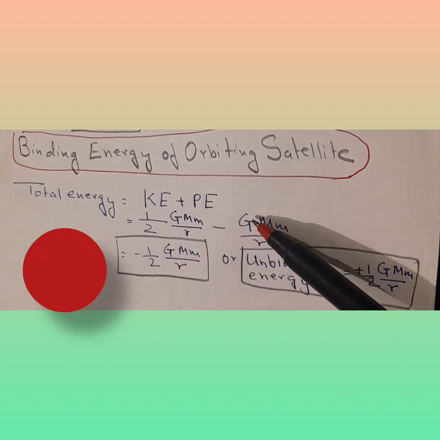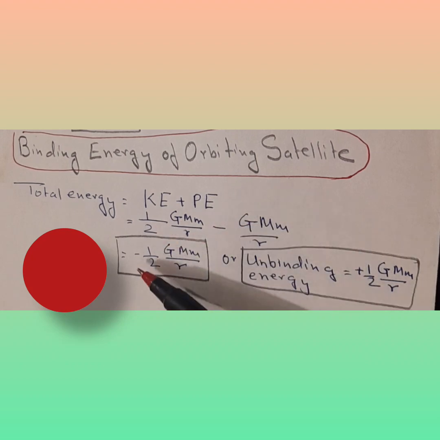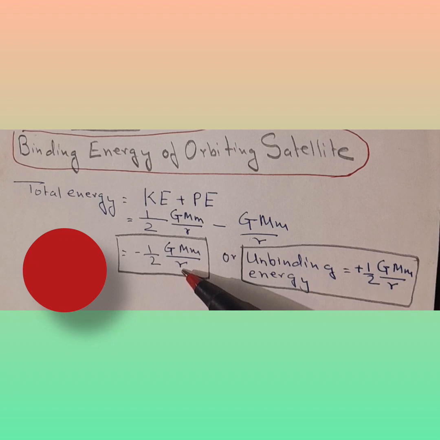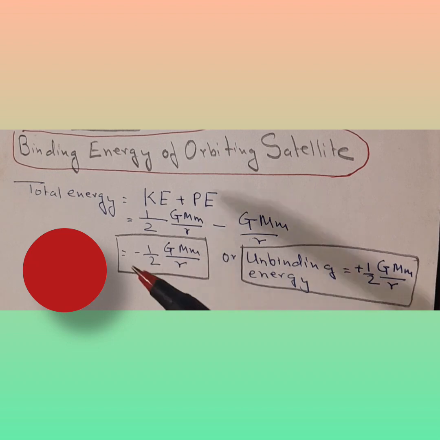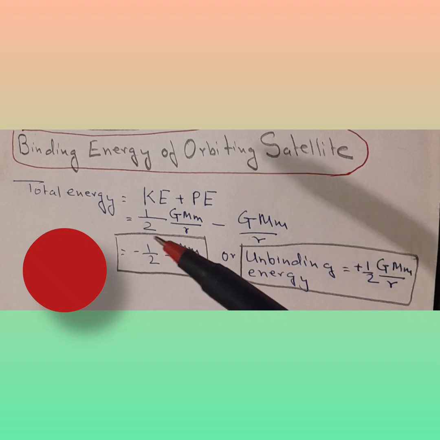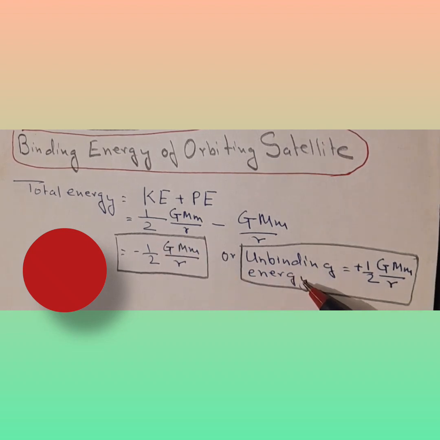So when we subtract, this is 1, this is half, so obviously this is greater. So it is minus half GMm upon r. So this is the binding energy. To unbind it, to strip the satellite out of that binding energy, the unbinding energy would be the positive of this value. Alright. So that's about binding energy.